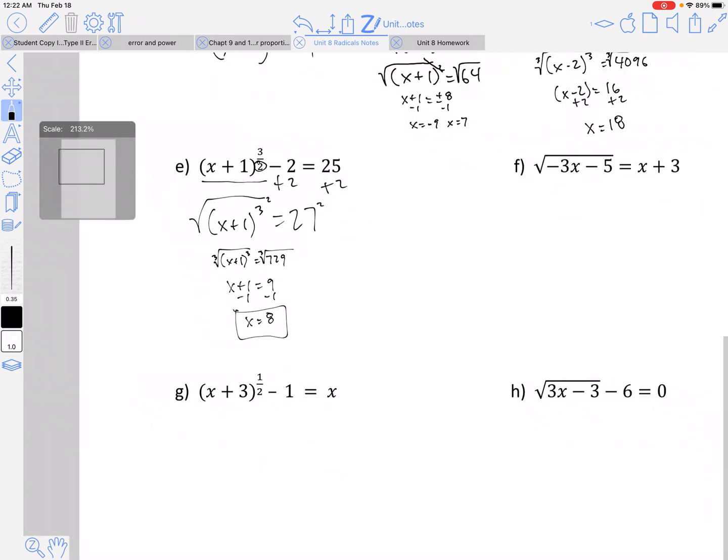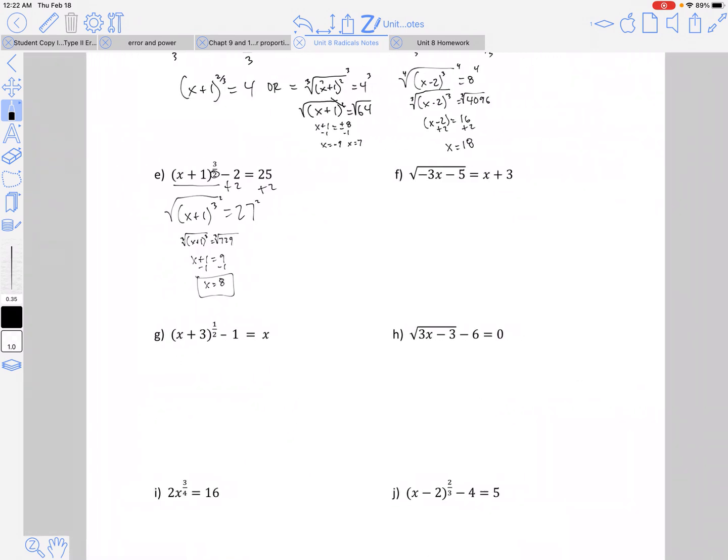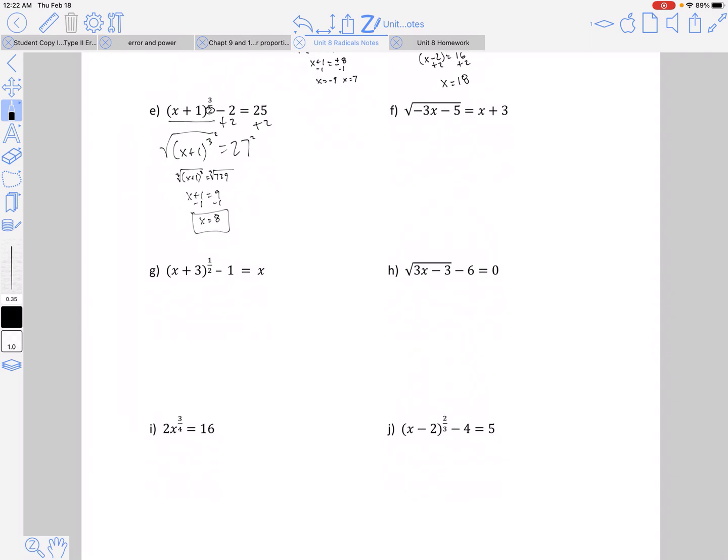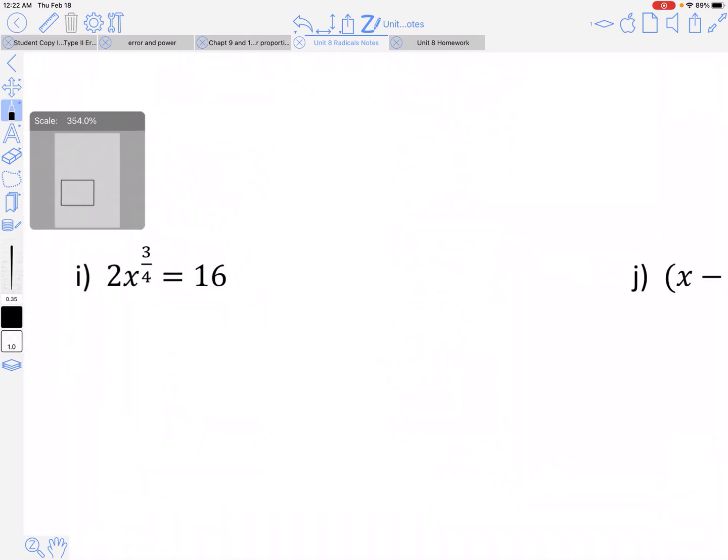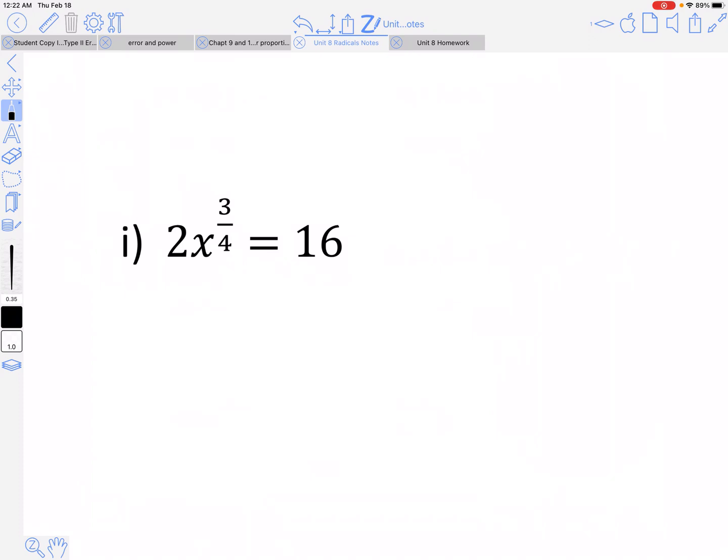All right, so all these are basically the same. So I wanted to do this one also. So divide by 2, x to the 4/3, fourth root, equals 8.